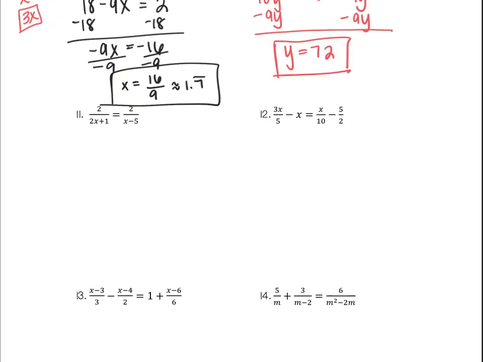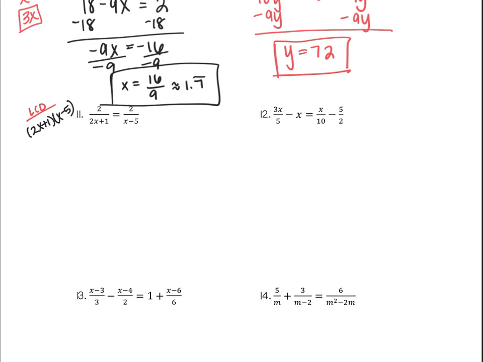11 and 12 are the same process. So for 11, I have 2 different denominators. They're already factored as much as possible, and so for my LCD, I'm just going to have to include both of them fully. And so what that looks like is 2x plus 1 and then x minus 5. So that's my LCD.